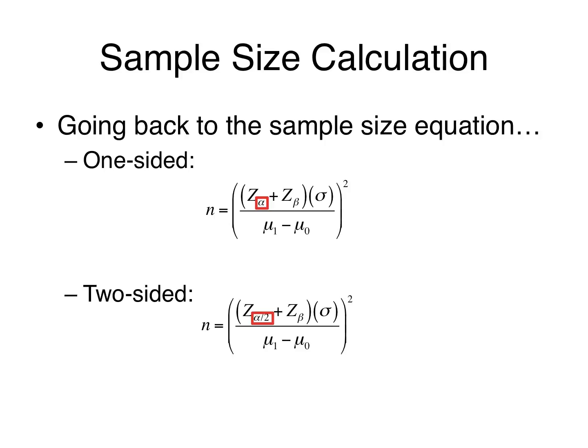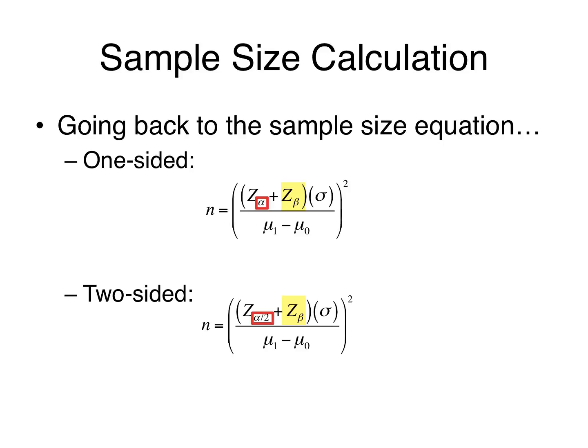And if you're doing a two-sided test with an alpha of 5%, your Z alpha will be 1.96. But of course, these values will change depending on your level of significance that you decide on. The Z beta does not change depending on whether you're doing a one or two-sided test. This value will be the same regardless of whether or not you do a one or two-sided test.